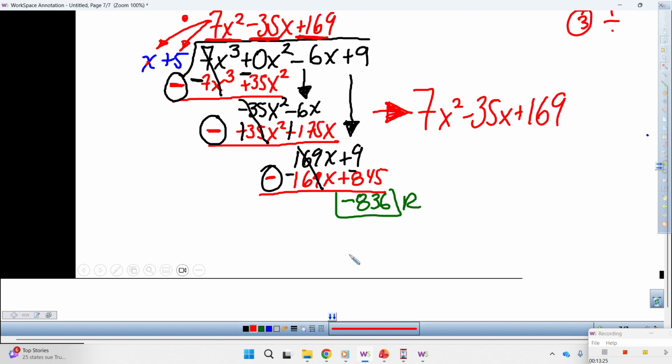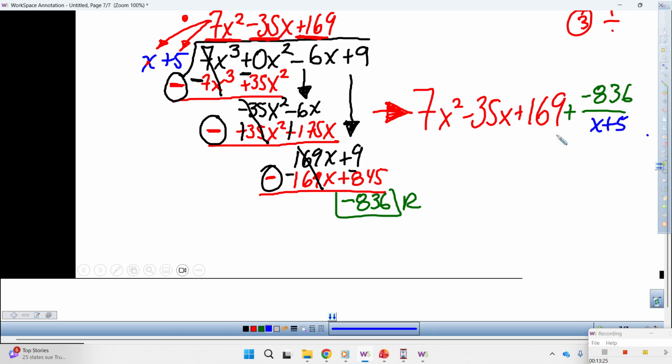However, for long division, you guys remember when you did long division when you were in 4th grade or whatever? They said plus a fraction for the remainder. What is a remainder? Negative 836 over the divisor. What is our divisor? X plus 5.